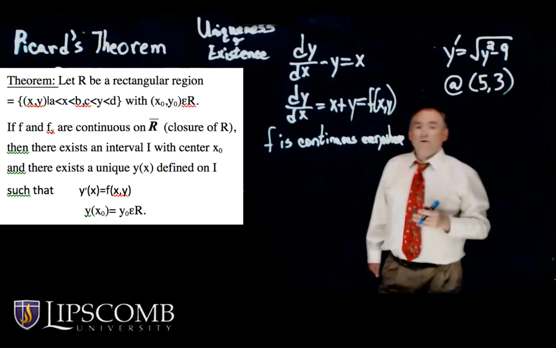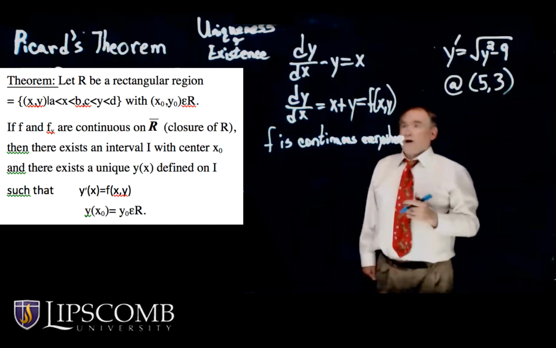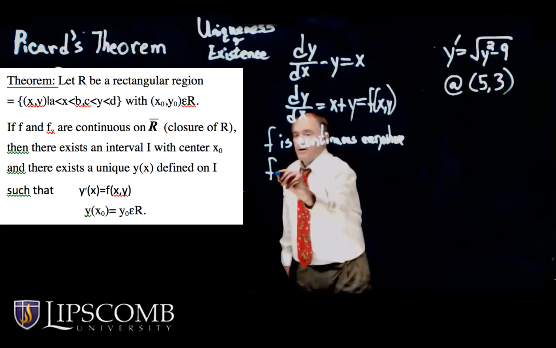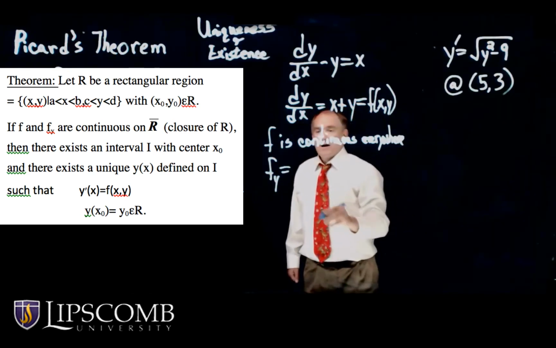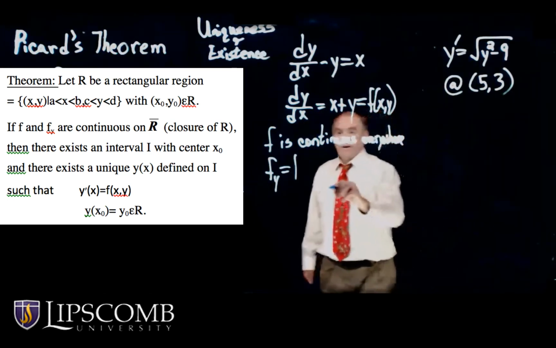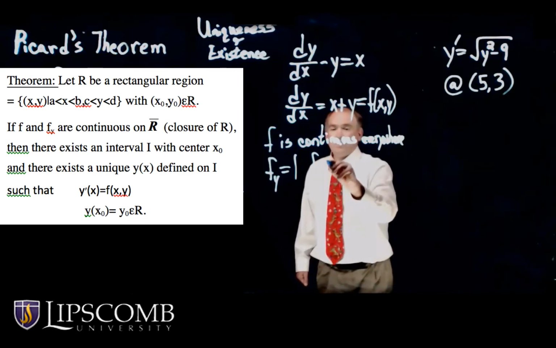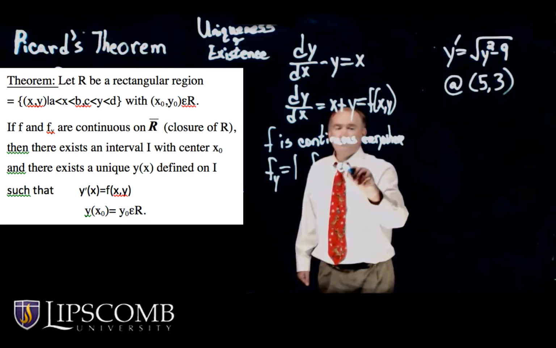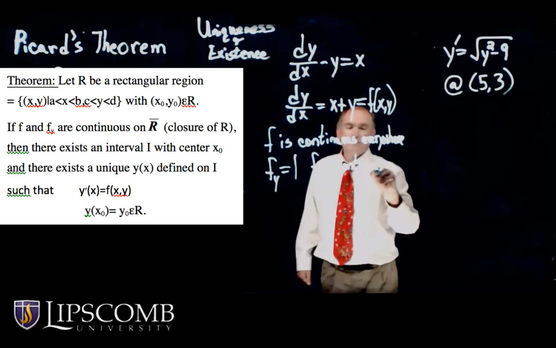Next, I need to look at the partial of f with respect to y. So I'm going to take the partial of f with respect to y, something you did in Calc 3, and I notice the partial is 1. So notice this is a constant. So the partial is continuous everywhere.